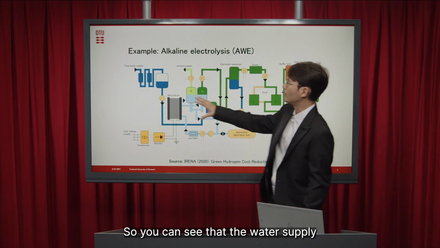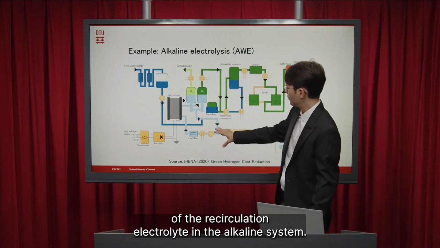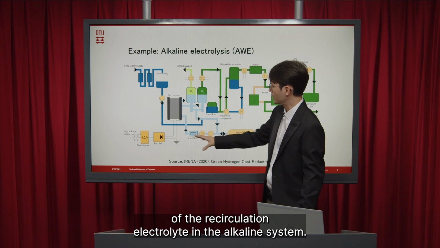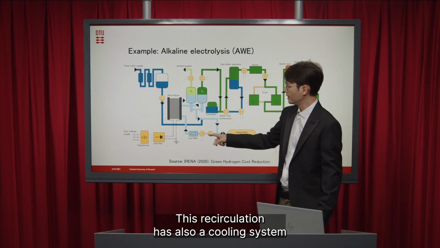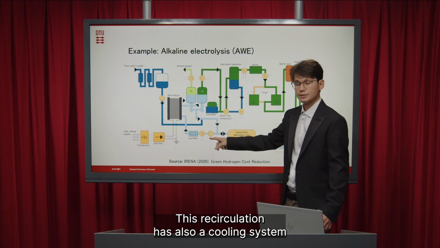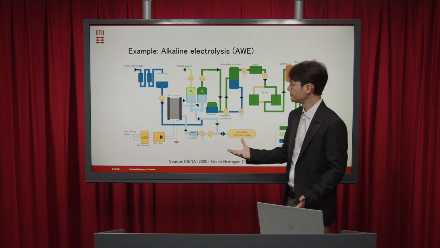So you can see that the water supply is treated to become part of the recirculating electrolyte in the alkaline system. This recirculation also has a cooling system to keep the temperature as we want.